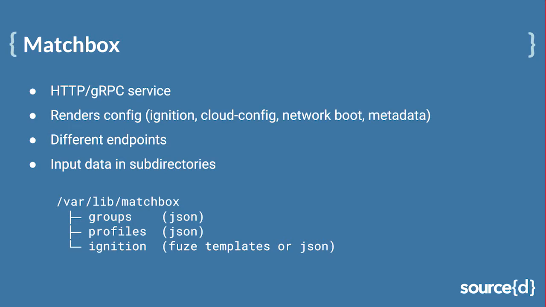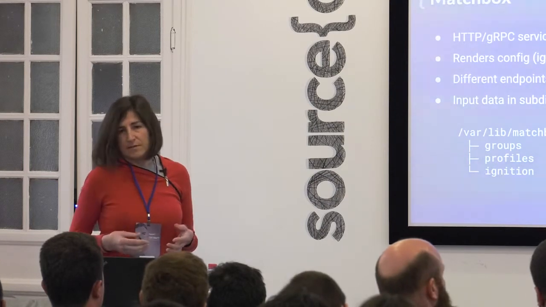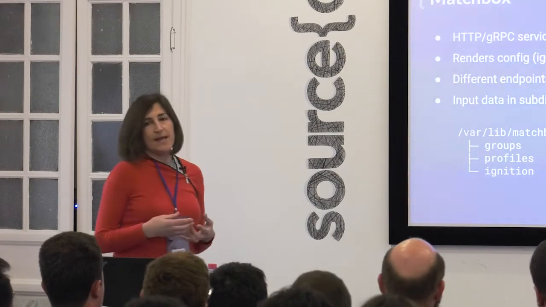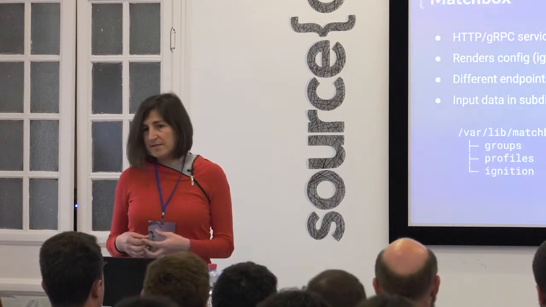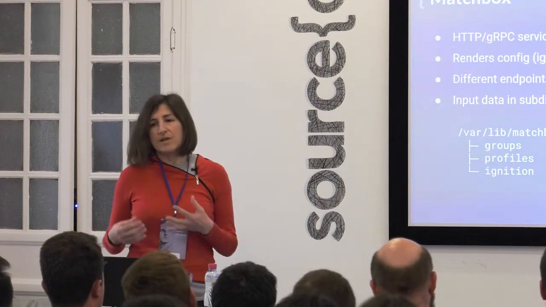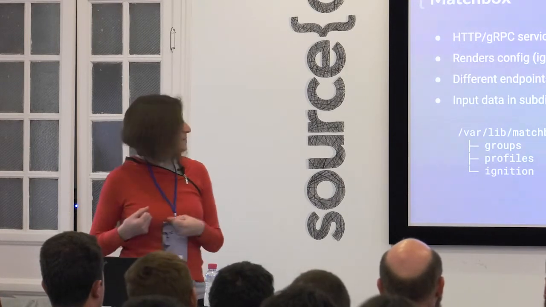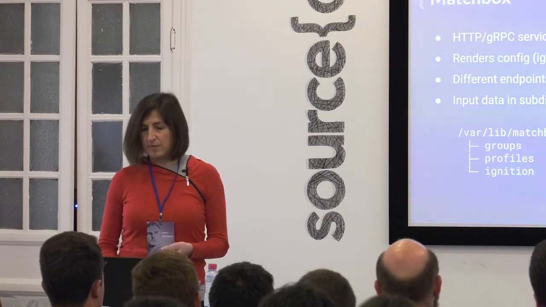And also the profiles point to the Ignition files, which are going to be written in this Fuse YAML scheme, although it could be also pure JSON. But the thing is that these templates are going to be able to have Go template elements. So Matchbox then will evaluate them using the metadata from the groups file or the parameters that it may have received in the HTTP request.